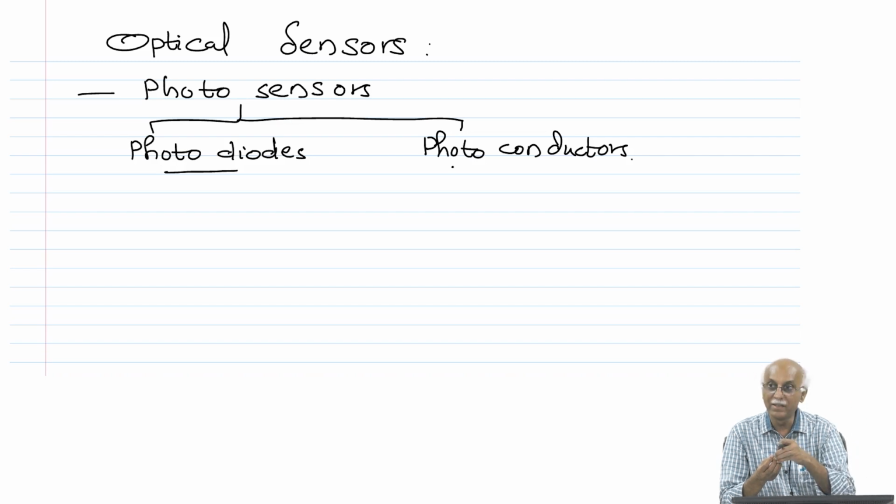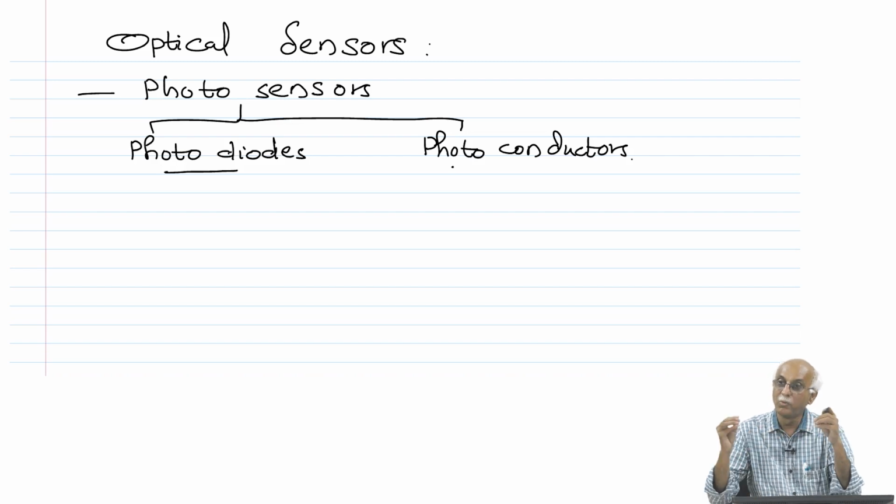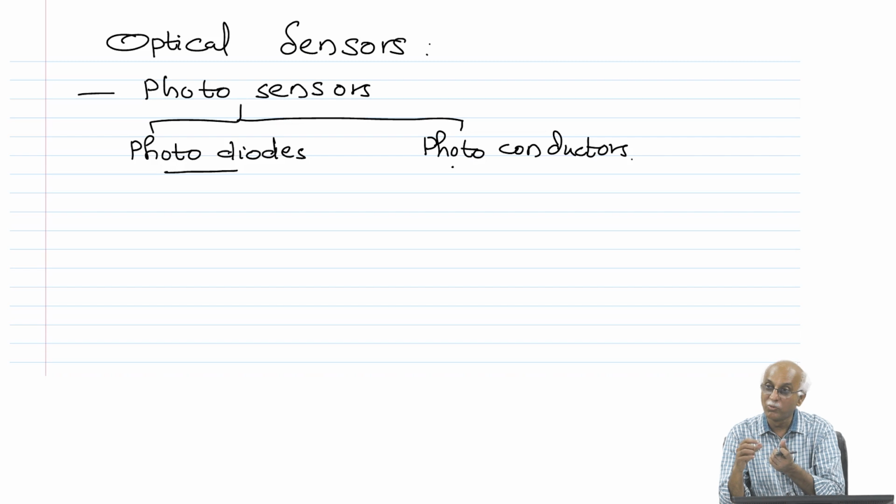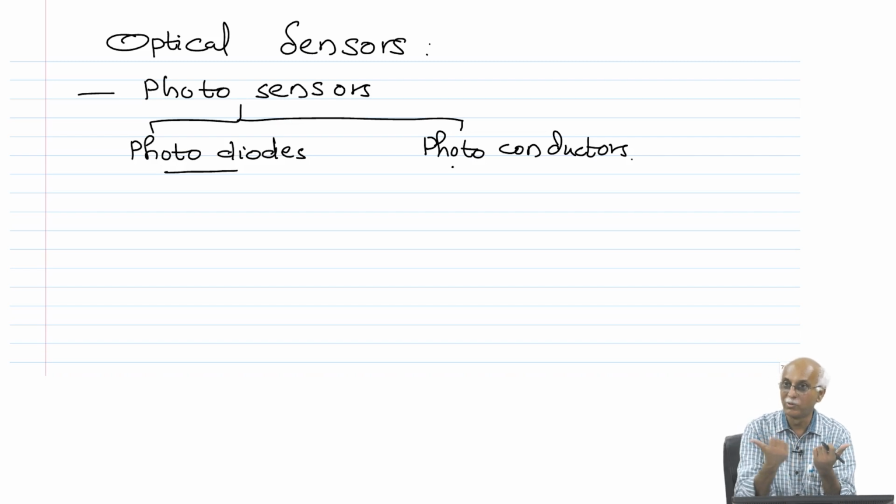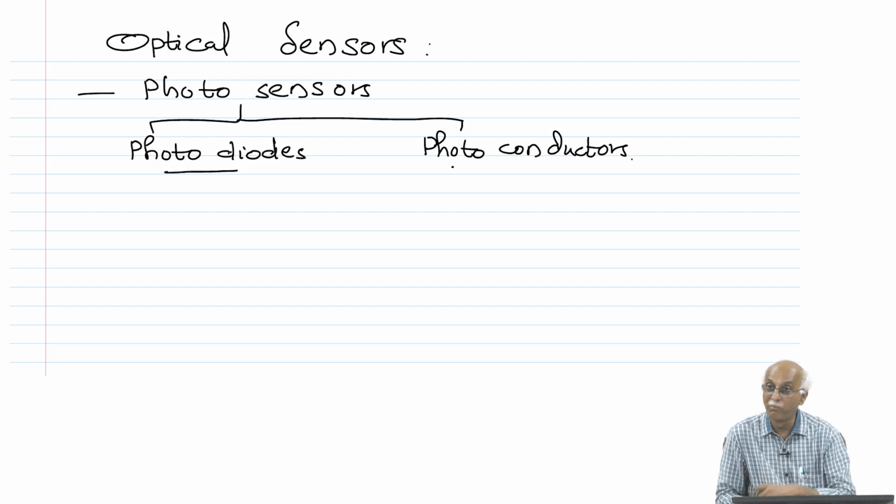Here the incoming light will interact with the electron hole pair, the electron hole pairs will get dissociated, and then depending upon the electrical field direction, electrons will move in one direction, holes will move in the other, and you will see a potential generated and a flow of current.